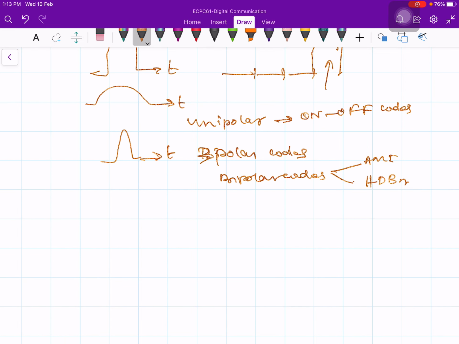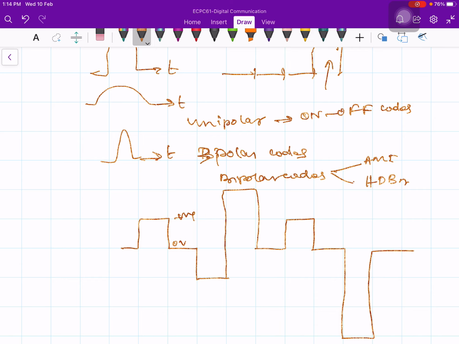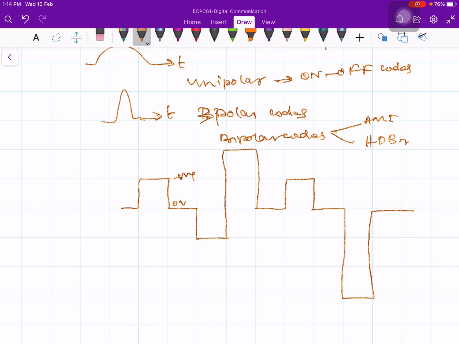You have pulses like that, then 0 voltage, positive voltage, 0 voltage, then negative pulses like this. Sometimes you have large positive voltage, then 0 voltage, then large negative voltage. I'm drawing a general waveform here. This is my pulse train.